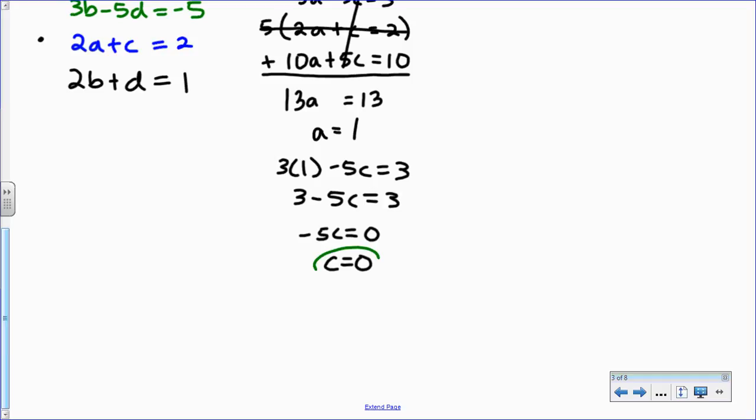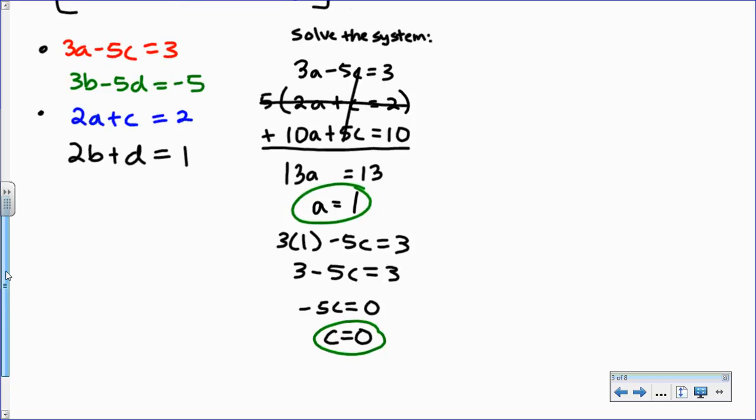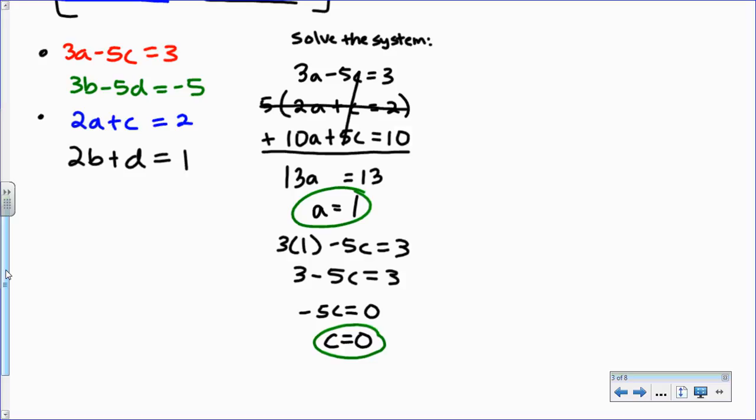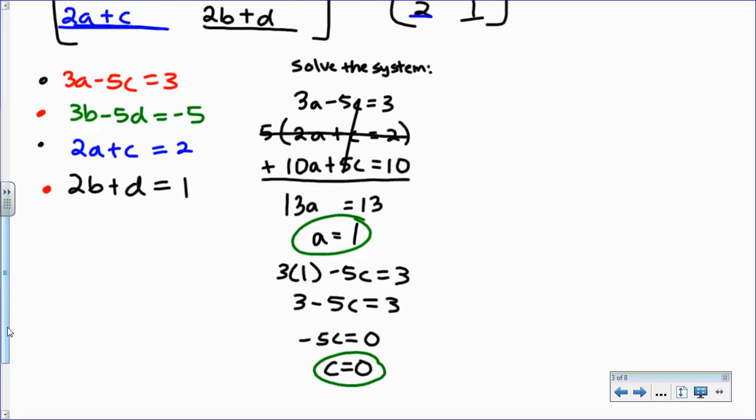Okay, so far I have A and C. Go back to your 4 equations that we wrote, and let's do the same thing, but this time with the equations that have B and D. So that's 3B minus 5D equals negative 5, and 2B plus D equals 1.